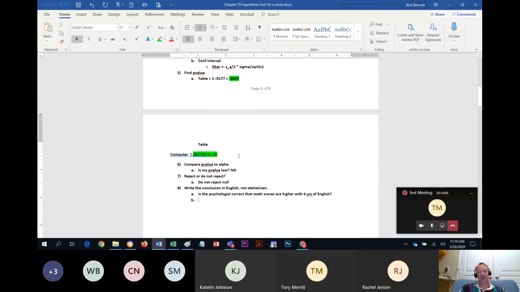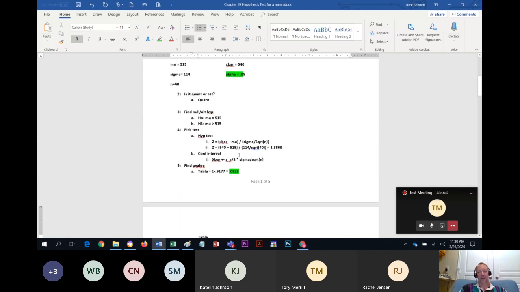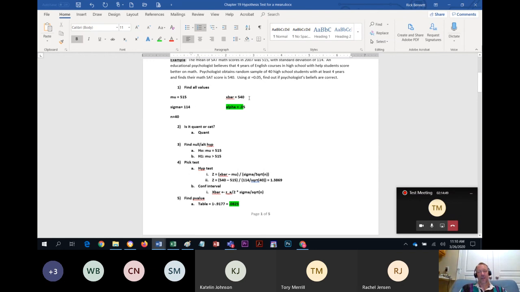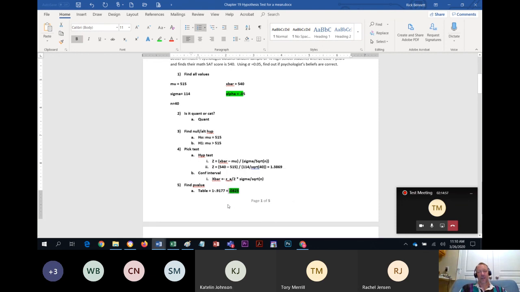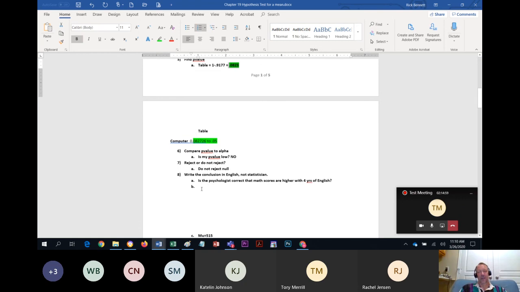Now, here's what's confusing, right? The students scored better. They got 540, which is better than 515. But we said that 0.08 is not enough evidence. So what we're saying is there is not enough evidence that 4 years of English helps students score better.